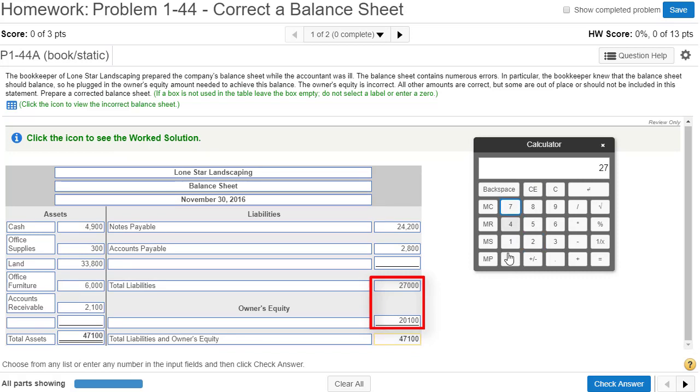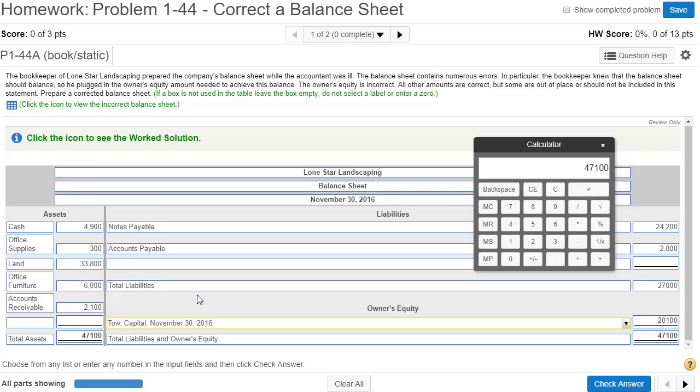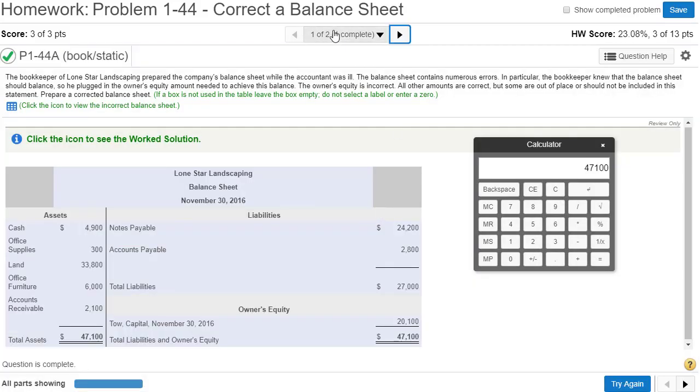So 27,000, it does. Plus 20,100 equals 47,100. So total liabilities and owner's equity does equal the total assets. So the last thing I need to do is label this. If I have a number here, I have to label it. So that is capital for the owner at the end of November 30th. And that's it. So don't forget to do the next version of the problem.